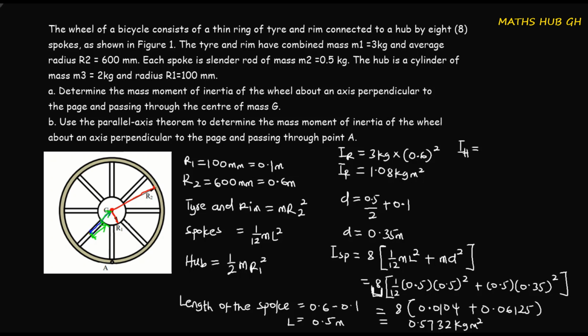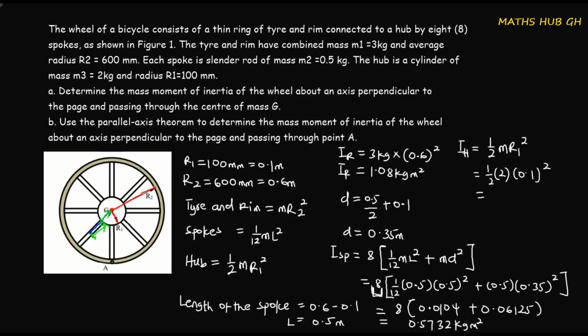So we have IH to be equal to half m r1 squared. Okay, so now we know the mass of the hub to be 2 kilograms. So we're going to have 1 over 2 multiplying 2 times r1 squared, which is 0.1 squared.